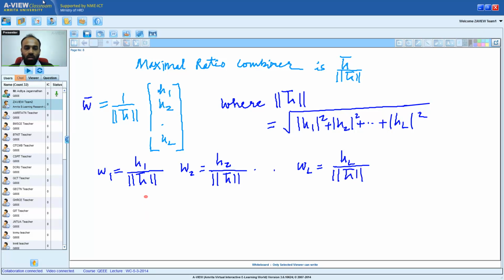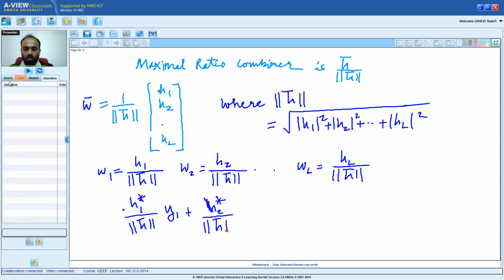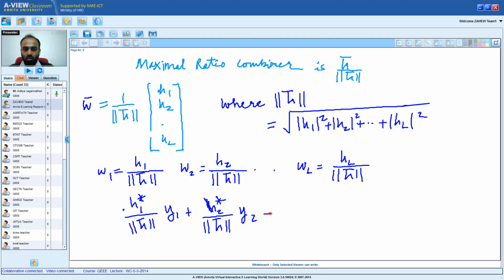And therefore the combining is W1 conjugate Y1, which means H1 conjugate divided by norm H bar into Y1, plus W2 conjugate, that is H2 conjugate divided by norm H bar into Y2, plus HL conjugate divided by norm H bar into YL.